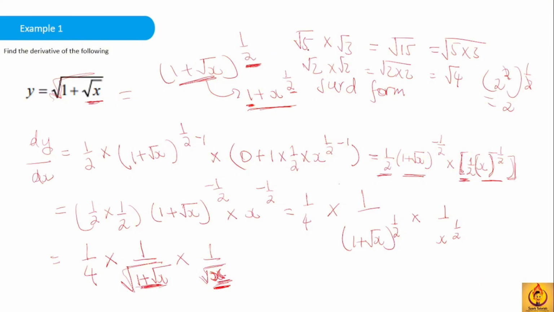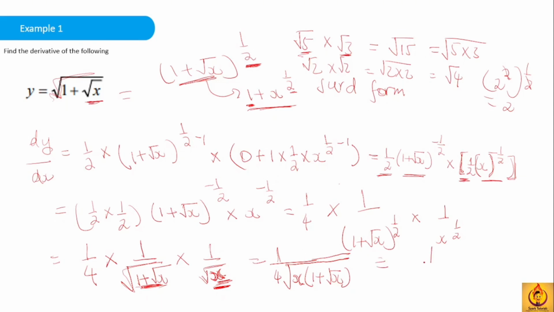So following the same principle of 5 multiplied by 3, in this case, we're going to have 1 over 4 big root x multiplied by 1 plus root x, close brackets, under that big root. So now this is a product of these two values, similar to what I was showing you here. And this will be our answer, basically.